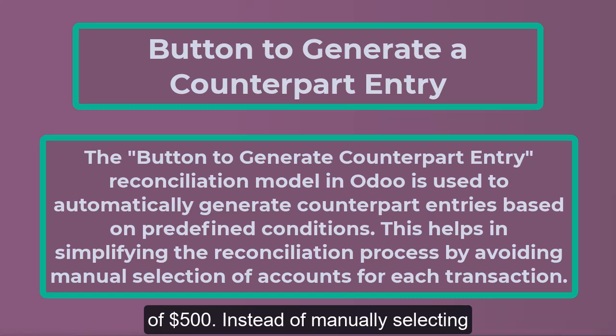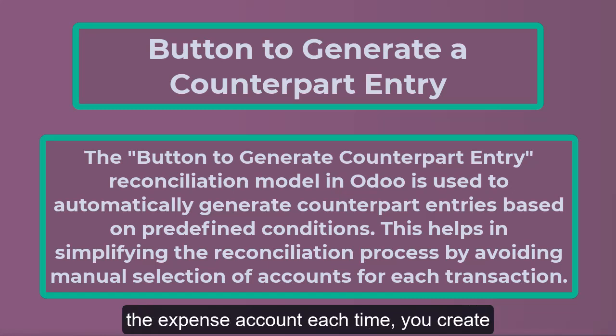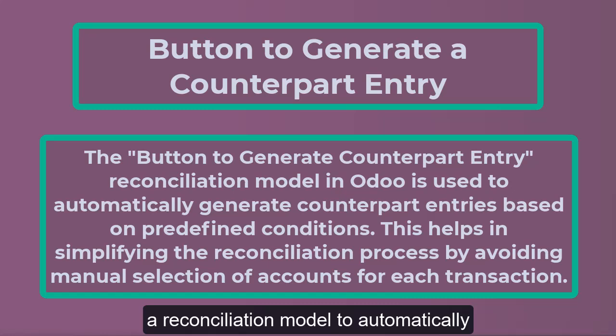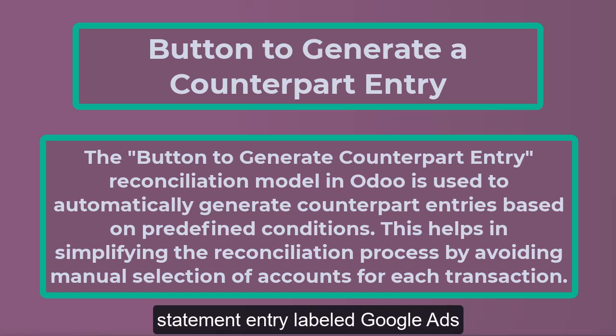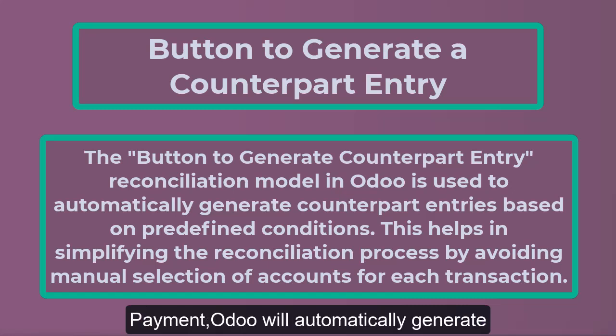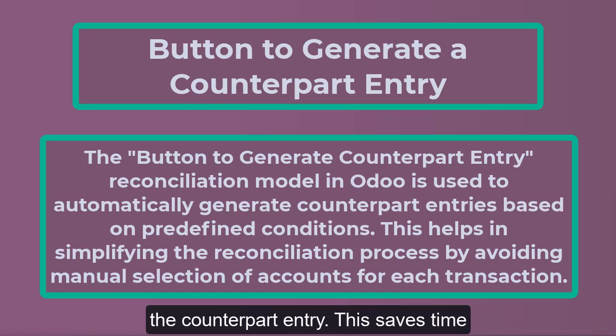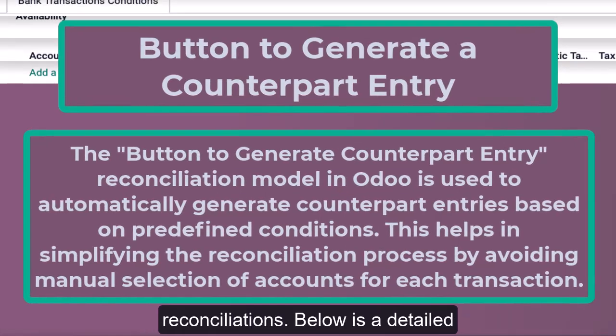Instead of manually selecting the expense account each time, you create a reconciliation model to automatically assign these payments to the correct account. Now, whenever you receive a bank statement entry labeled Google Ads payment, Odoo will automatically generate the counterpart entry. This saves time and ensures consistent and error-free reconciliations.